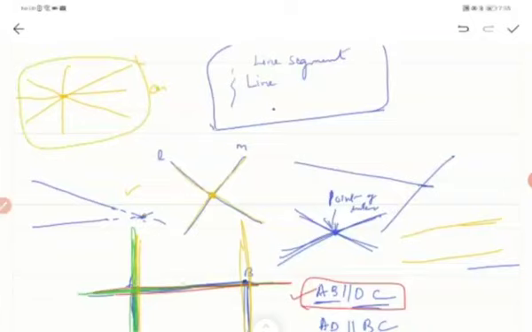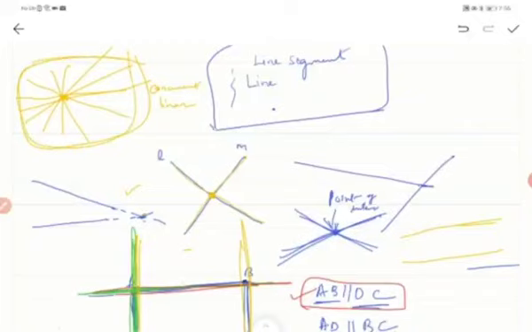Those that are more than two, you call concurrent lines. Remember this, only two lines intersecting at one point are called intersecting lines. If more than two lines, many lines pass from this one point, that point you call the point of concurrency, and these lines are called concurrent lines.